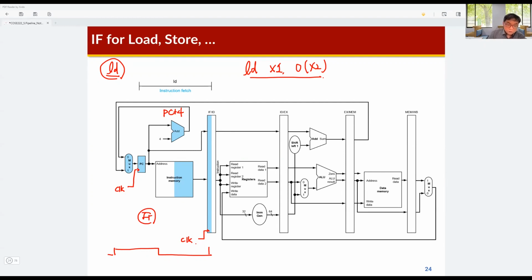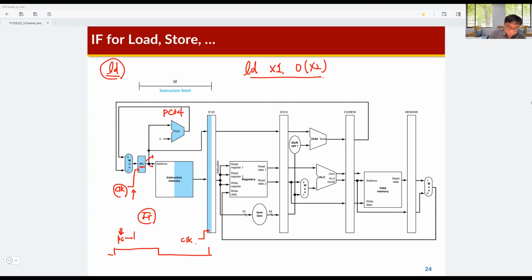During one clock period, the instruction fetch operation of this load instruction is performed. At the rising edge of the clock, the PC value comes out from the program counter register, and then this PC is given to the instruction memory.